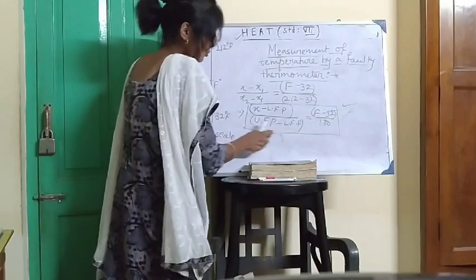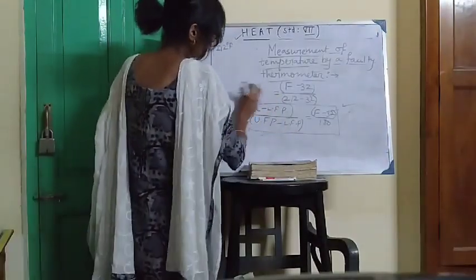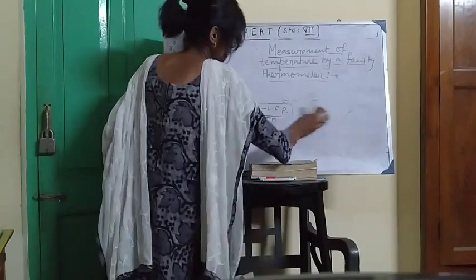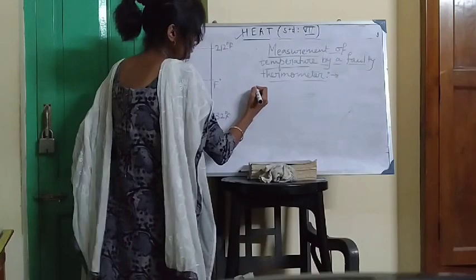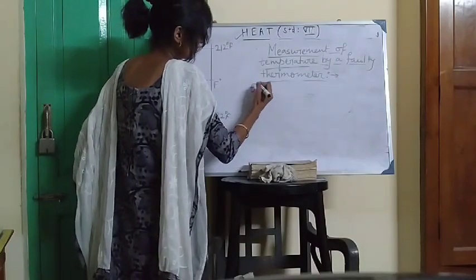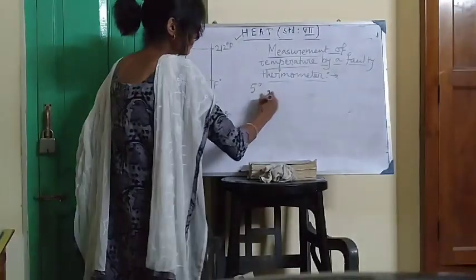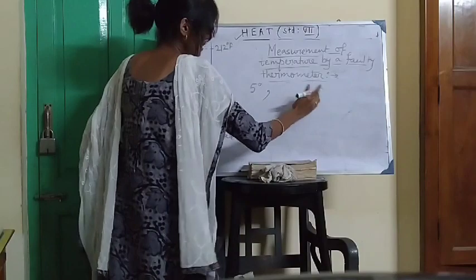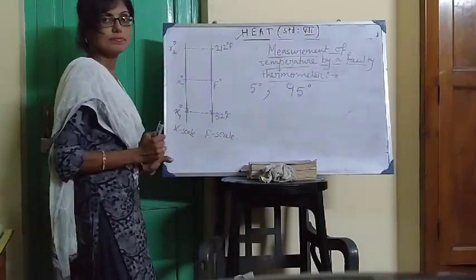Okay, so let us consider an example, a numerical. Consider the ice point of our faulty thermometer is 5 degree. Okay, and steam point, the upper fixed point, is given as 95 degree.